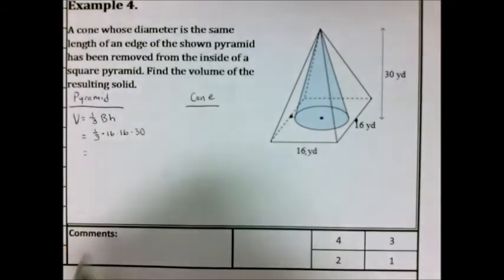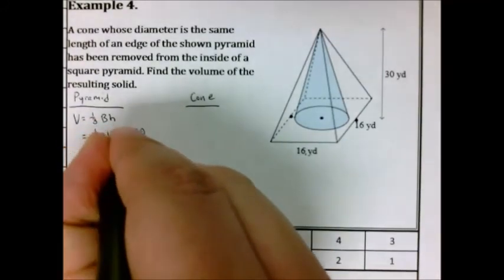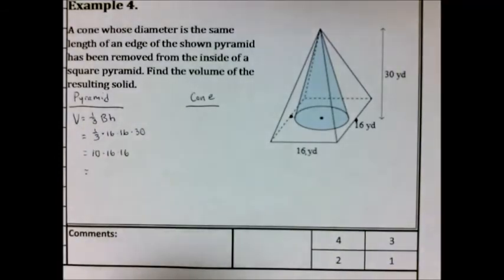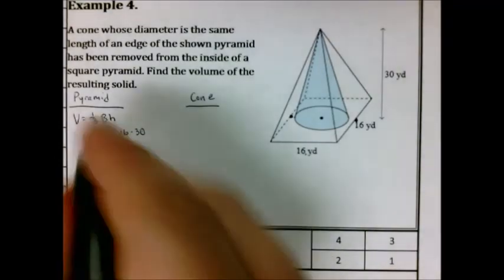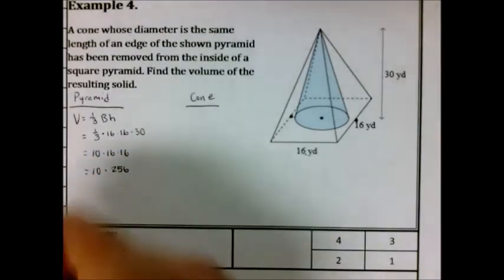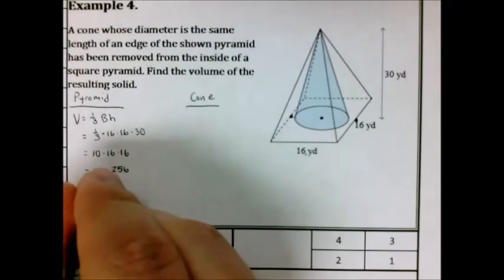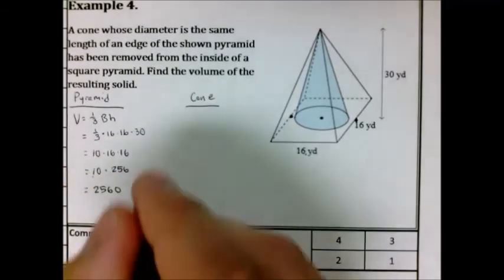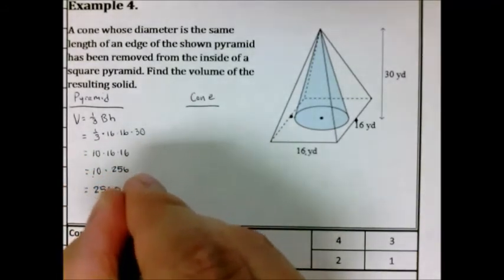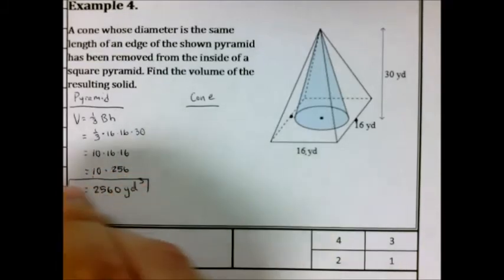That's a lot easier. 30 times 1/3 is just going to be 10, and then multiply 16 times 16, we're going to end up getting 256. That's 16 squared. And finally, if we multiply that by 10, we get 2,560. Remember, we're talking about volume, so this is yards cubed. That is the volume of this pyramid.